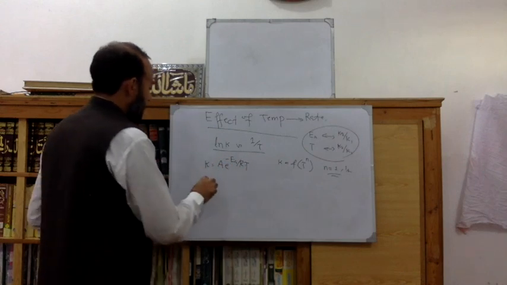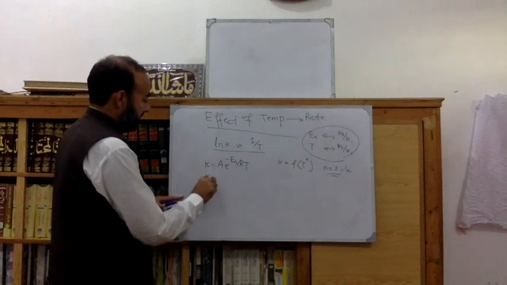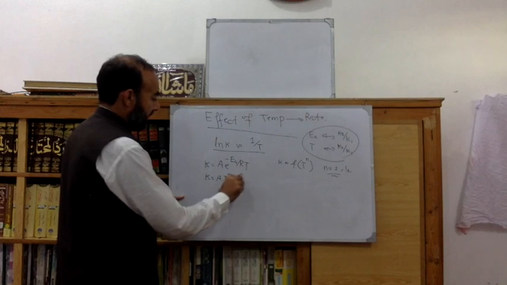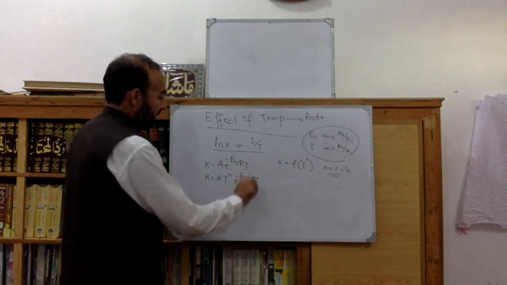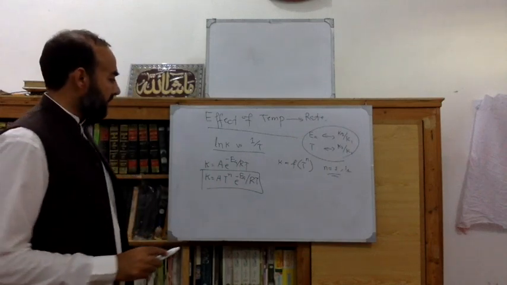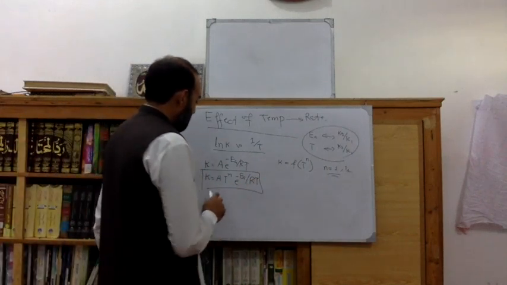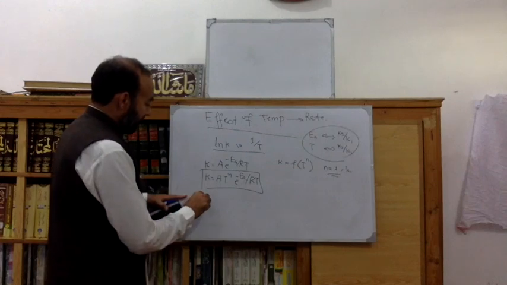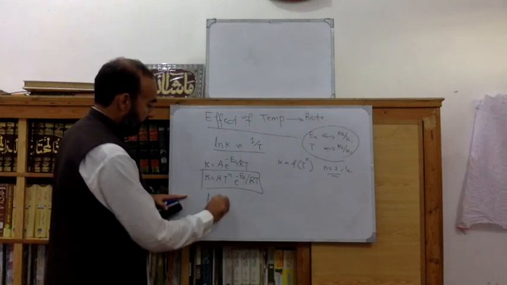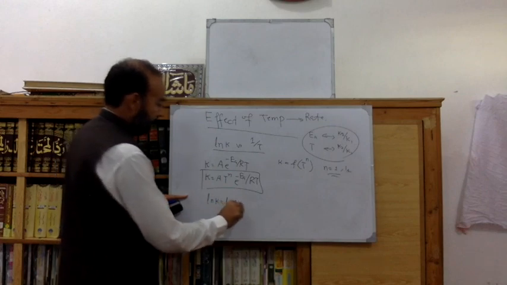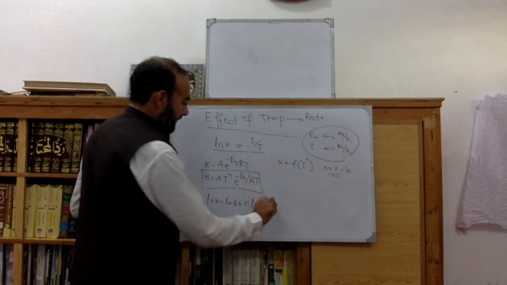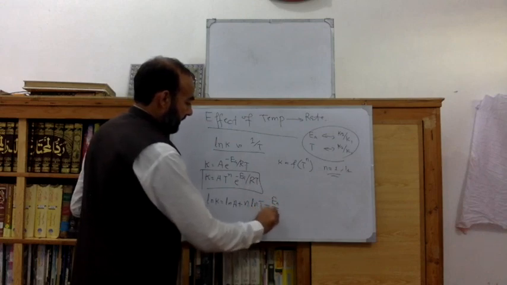So in this equation we have to introduce another term: k is equal to A T to the power n e raised to minus Ea over RT. This equation will be applicable for those kinds of reactions which are studied over a wide range of temperature, or in log form this can be written as ln k is equal to ln A plus n ln T minus Ea over RT.